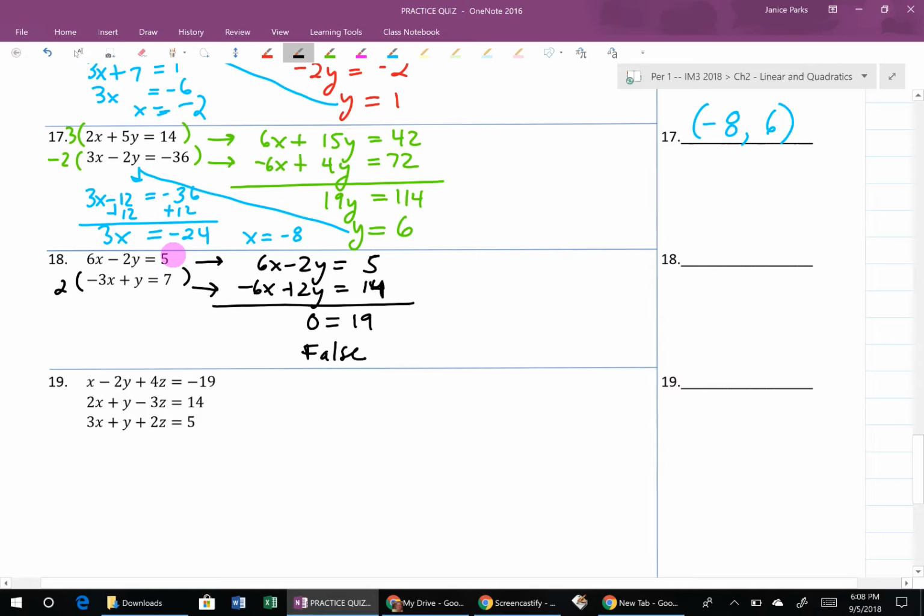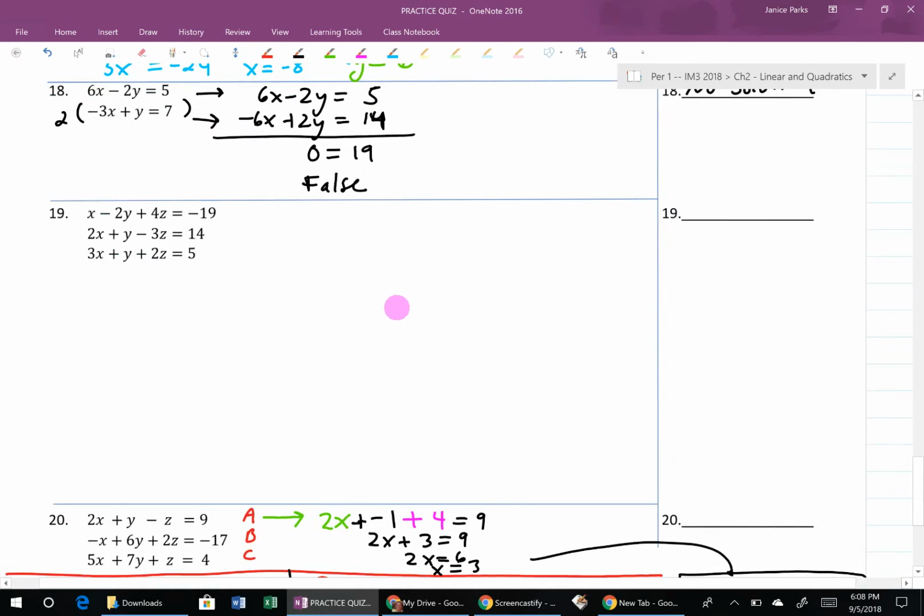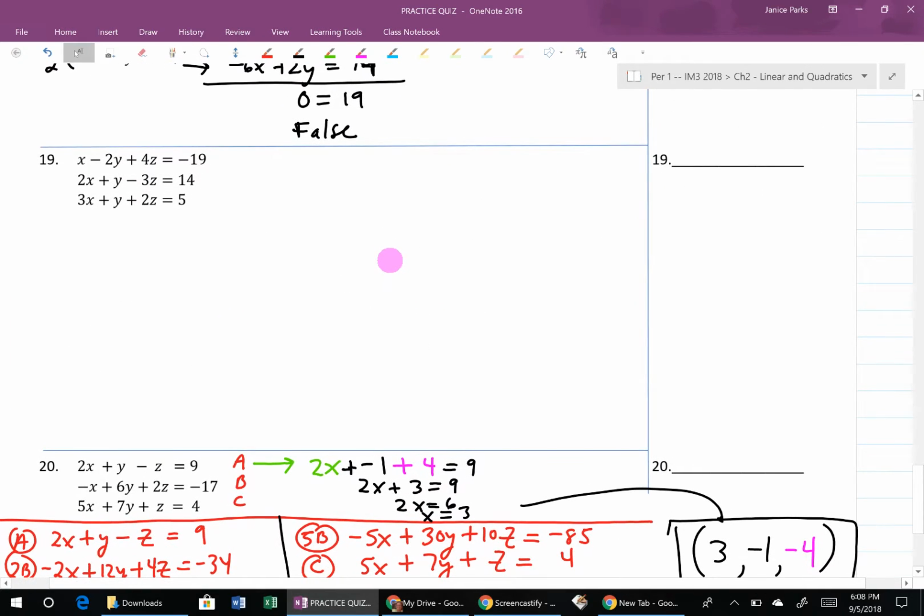That means that these two lines are parallel lines and they have no points in common, so this is no solution. If this had been 0 equals 0, you would have a true statement, and in the answer column, you would put infinite solutions.